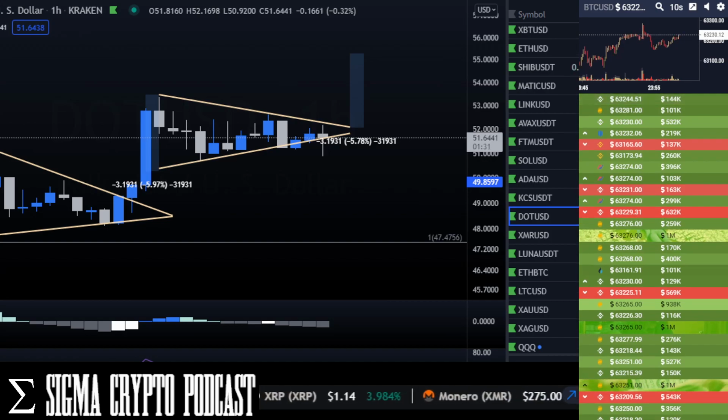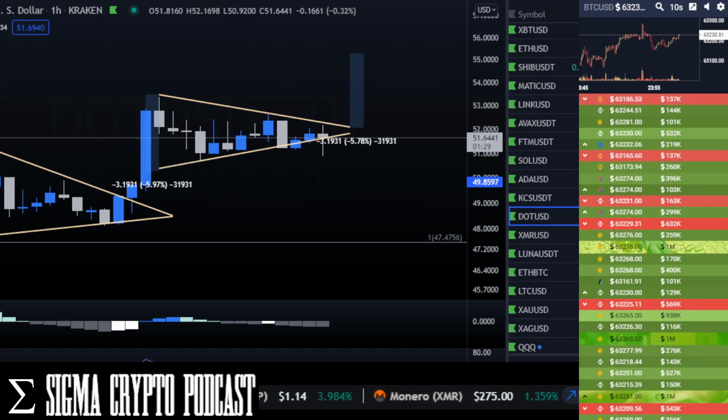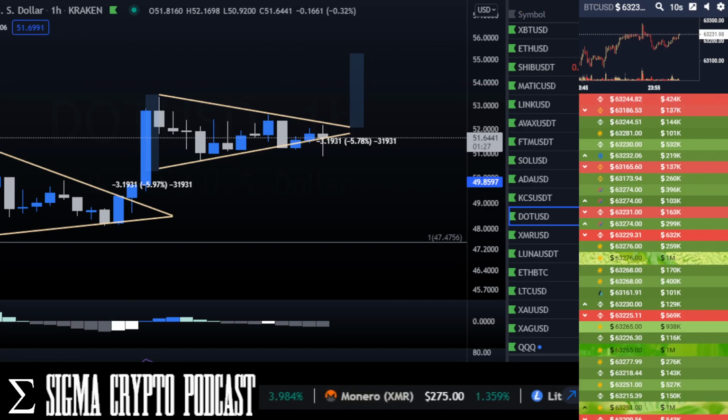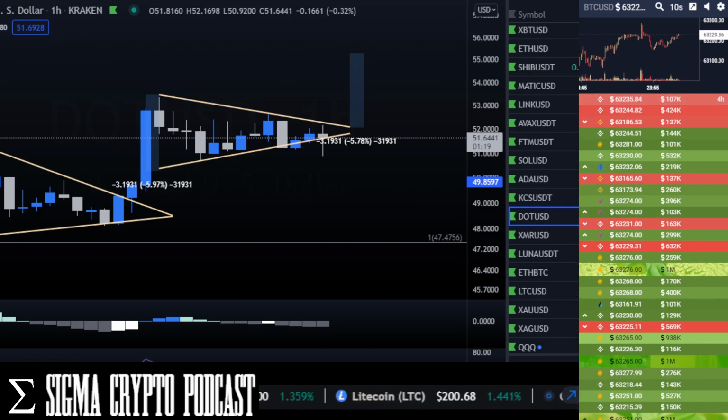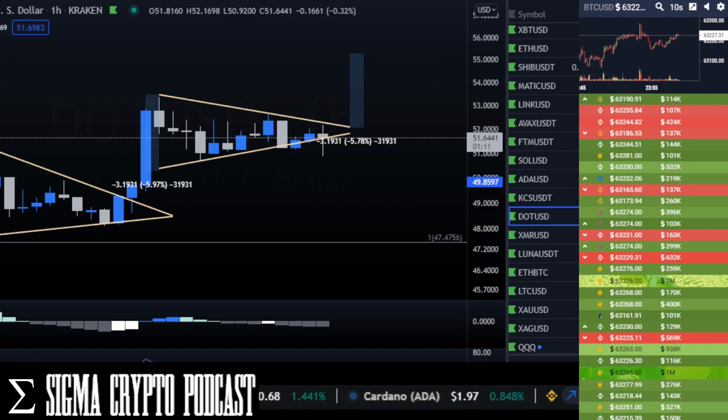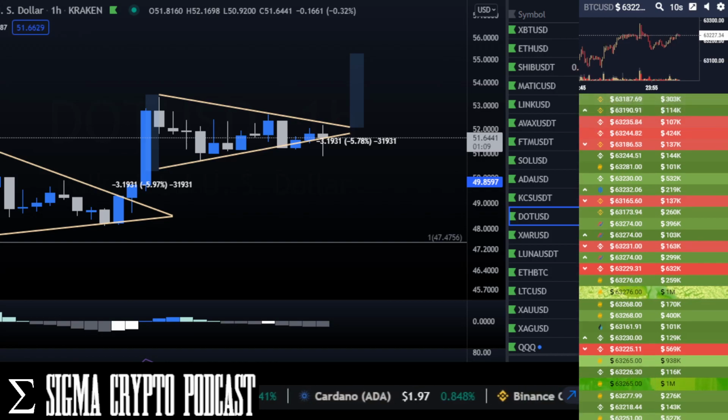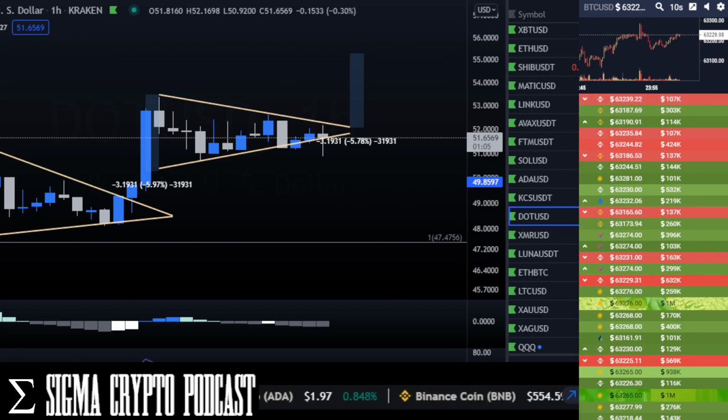If it were even possible to reach that level, which I don't think it is, you're going to have all these giga whales waiting for it to hit not 1 cent, but 0.8, 0.9 cents. Then they're going to dump on all the people waiting for it to go to 1 cent. And it'll never see it, and there's historical evidence of that happening.